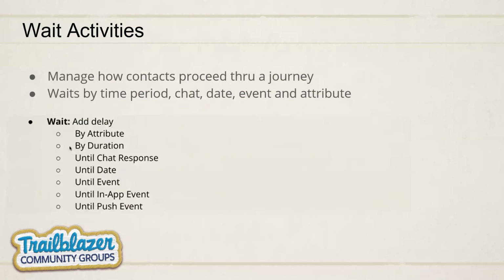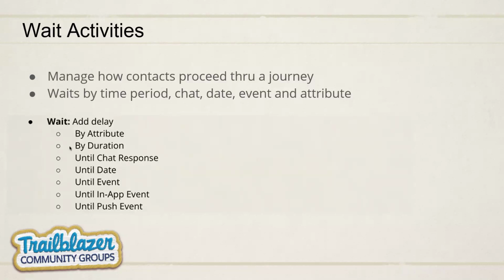Another set of activities are the wait activities. Depending on what kind of wait period we want to introduce, we have different sets of wait activities in here. Wait by attribute. Attribute is basically a date value. So based on that value, the wait period will be included. Wait by duration, we can say the days, the minutes, or number of weeks, and so on.